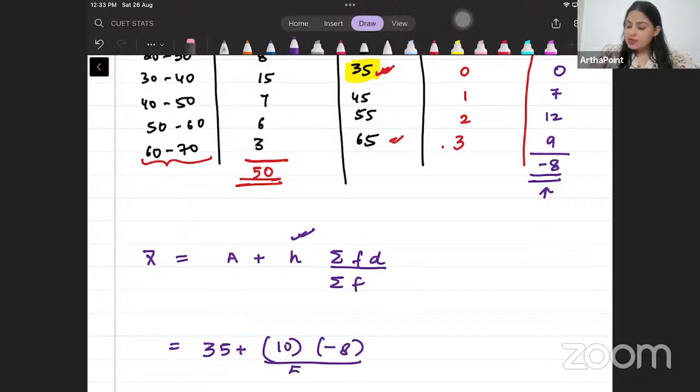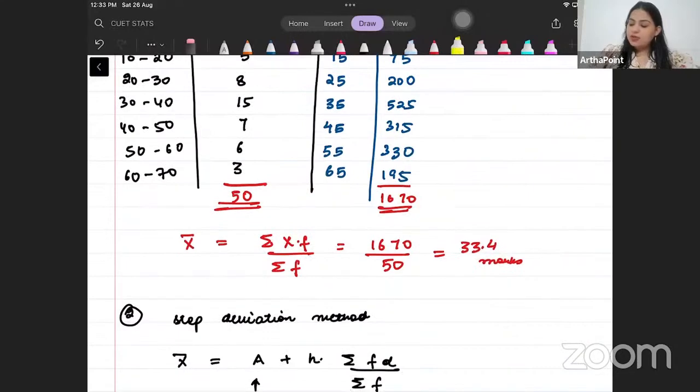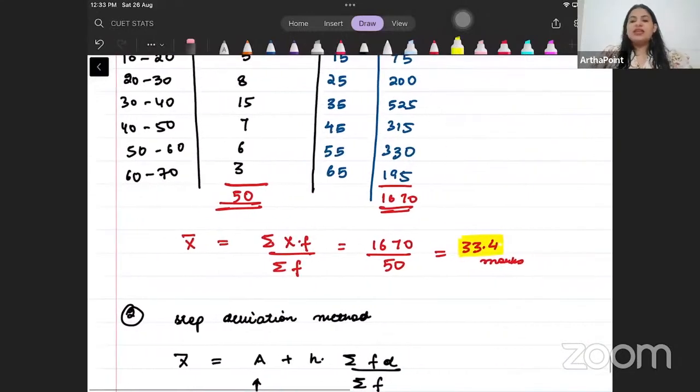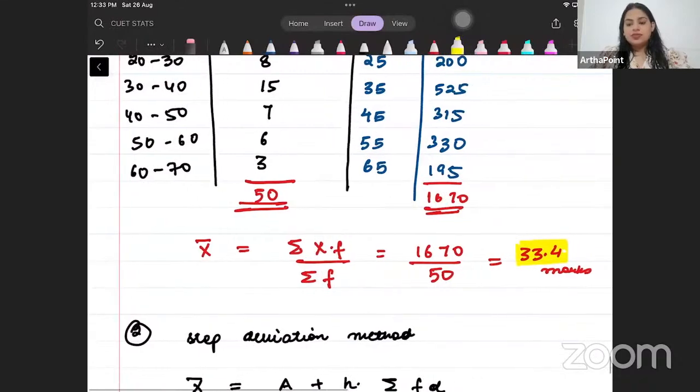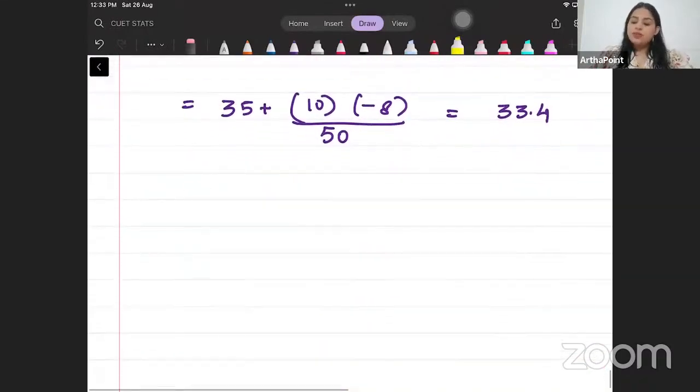And the sum of the frequency is 50. So when you solve this, you will get exactly the same answer as 33.4. यही same आएगा जो यहाँ पे है ना 33.4. You will get exactly that as your answer. ठीक है? So both methods can be used to find the mean value.